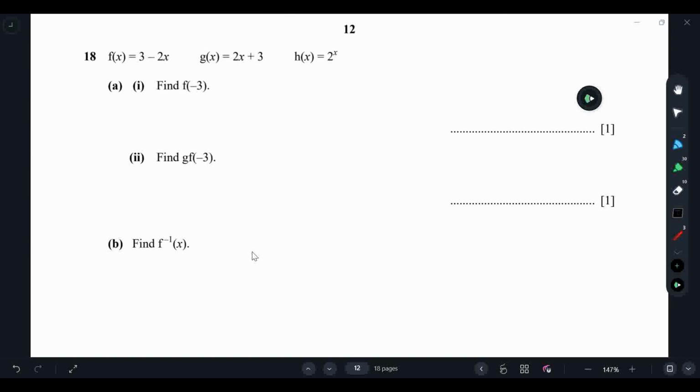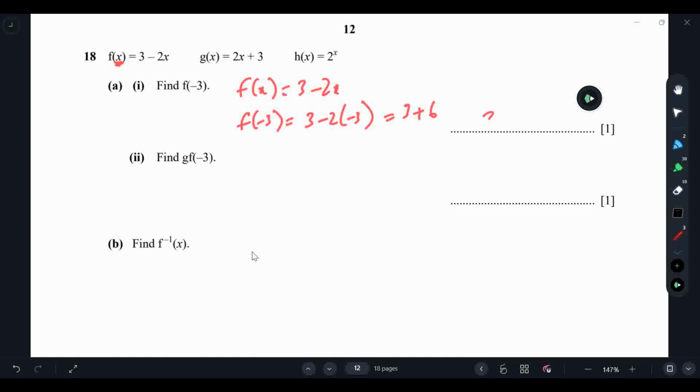F of minus 3. So f of minus 3 means that we need to just replace x over here. If f of x is 3 minus 2x, f of minus 3 will be equals to 3 minus 2 into minus 3, which means this will be equals to 3 plus 6.